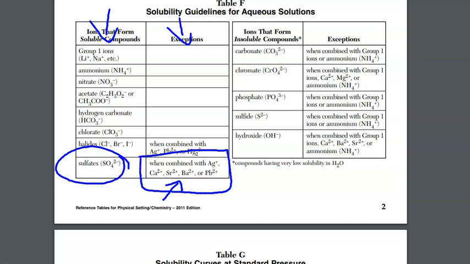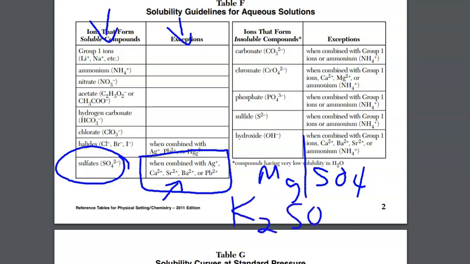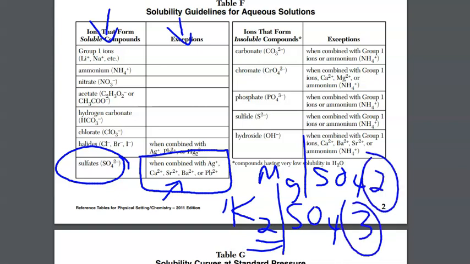Great, that means they both break apart. But remember, it was asking what's the best conductor. Magnesium sulfate will break apart into 2 ions, where potassium sulfate, because you have 2 potassiums for every 1 sulfate, you get 3 ions. That makes potassium sulfate our answer.